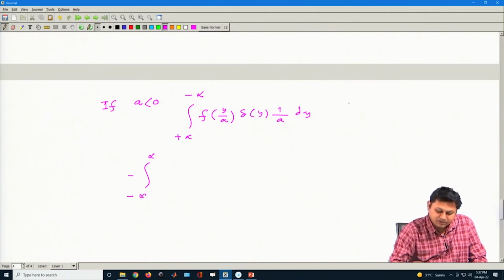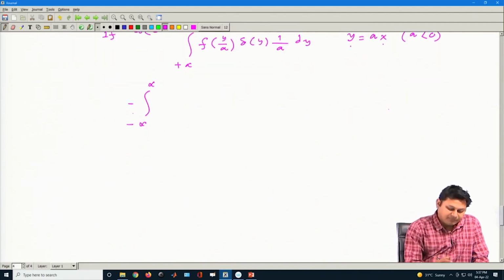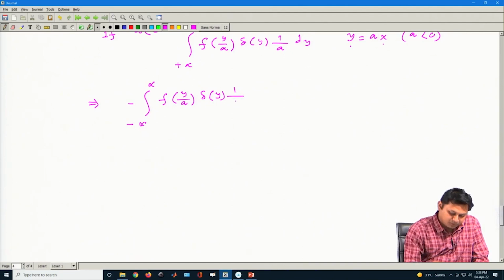So, when x tends to plus infinity, y goes to minus infinity, because there is a negative sign carried by this value a. I can fix it by putting another negative sign, and then it simply becomes f of y by a, delta of y, 1 by a d of y.